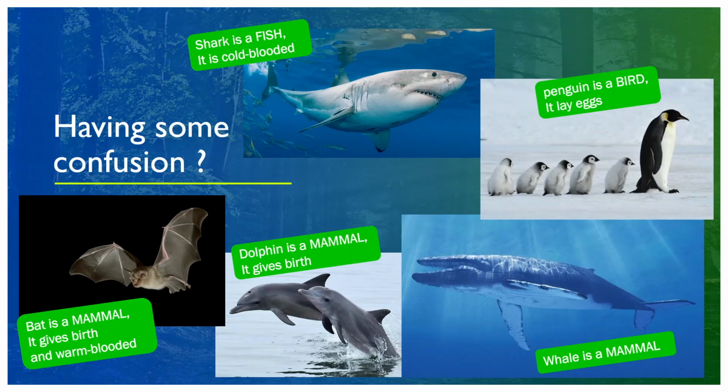Shark is a fish. It is cold-blooded. Shark is not a mammal. Sharks lay eggs, but you can't see the egg because they keep it with them. So the fact here is shark is a fish, not a mammal.